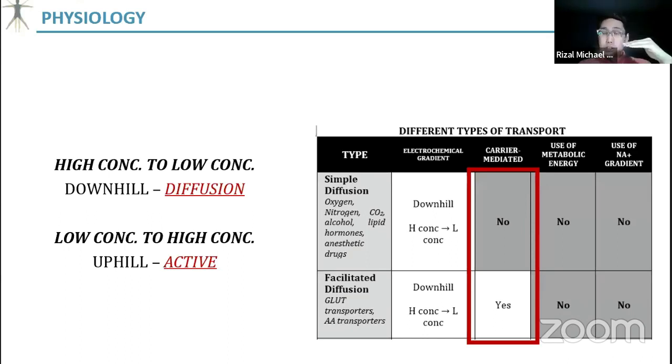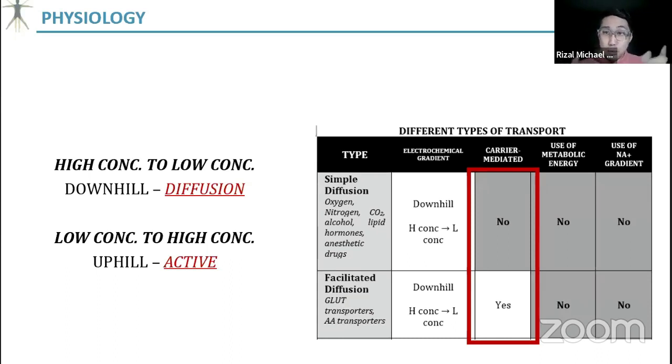If it goes from low concentration to high concentration, it's uphill, so you need to use energy to actively reach the higher concentration. If it's uphill, it's active. If it's downhill, it's diffusion. In diffusion, we have simple diffusion and facilitated diffusion. Their favorite is usually facilitated diffusion.